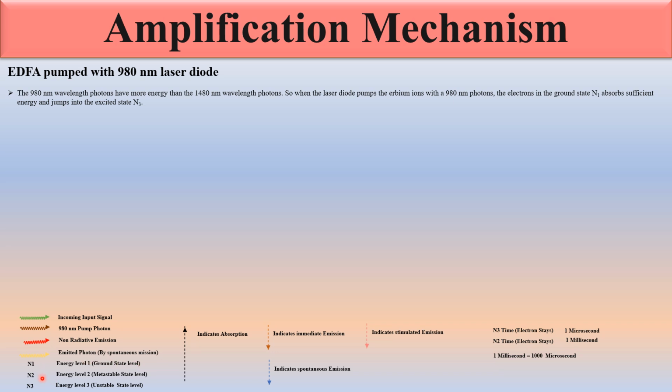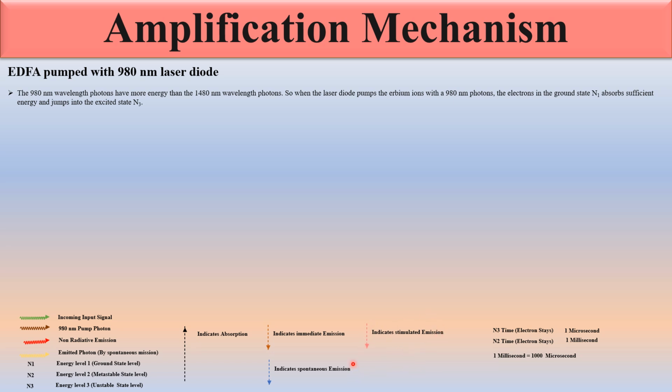N1, N2, N3 stand for energy level 1, the ground state level, energy level 2, the metastable state level, and energy level 3, the unstable state level. N1 is the lowest energy level and N3 is the highest. The dotted black line indicates absorption, the brown one indicates immediate emission, the blue one indicates spontaneous emission, and the pink one indicates stimulated emission.